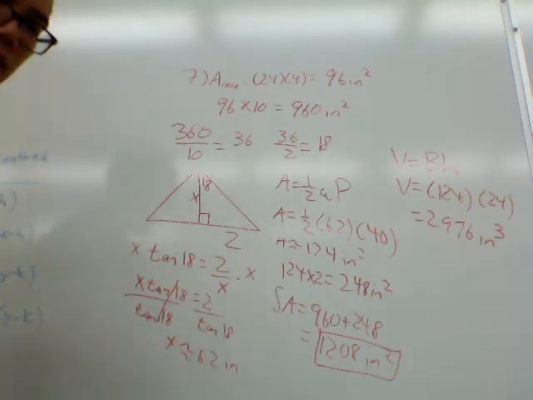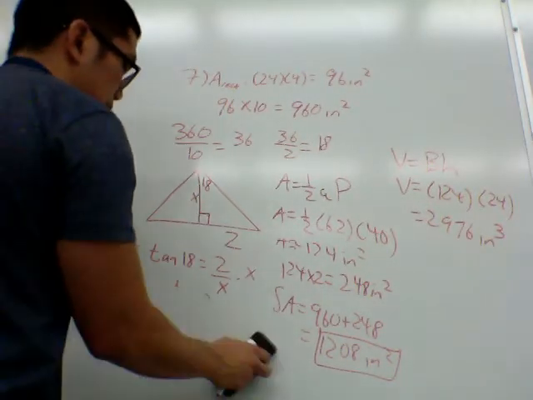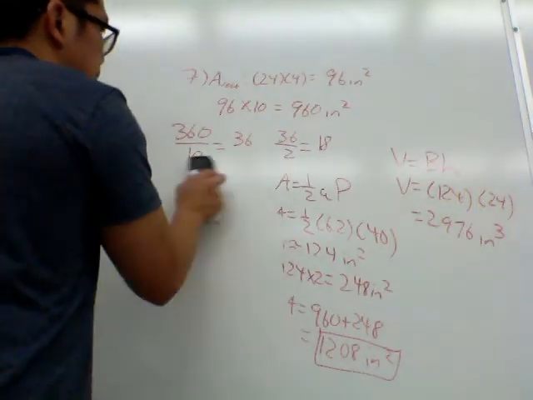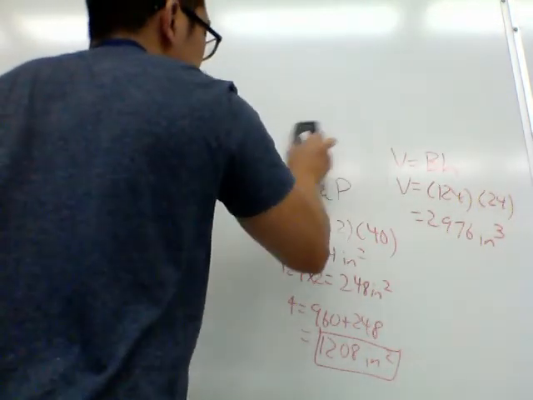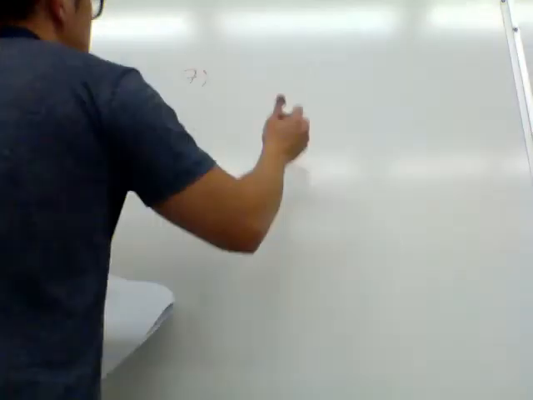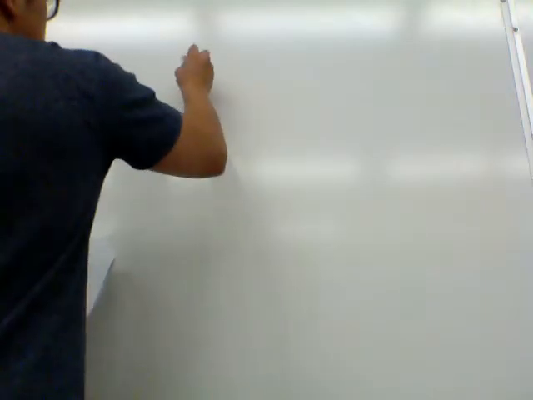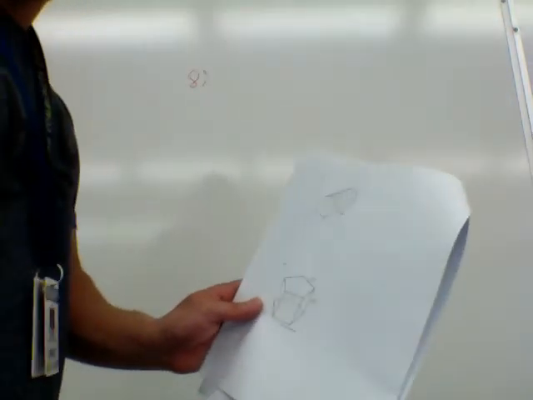Number 8 is almost exactly like number 7. You just have a different shape and different number. So number 8, I have a pentagon, a pentagonal prism.